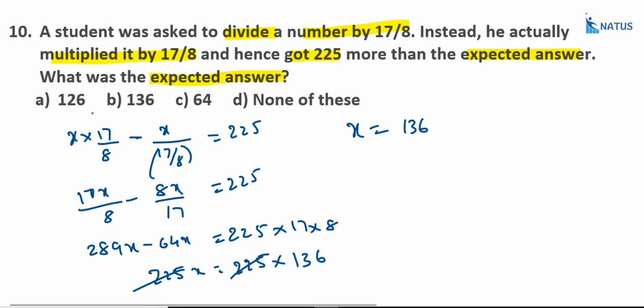But what we require is the expected answer. What can we do? You will divide this number by 17 by 8, but actually he multiplied by 17 by 8.